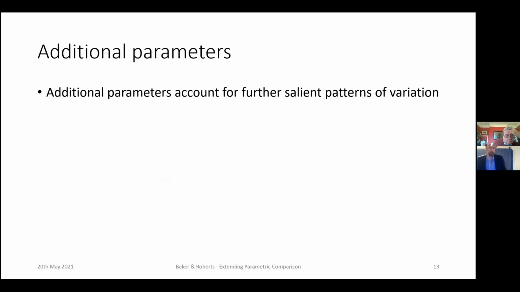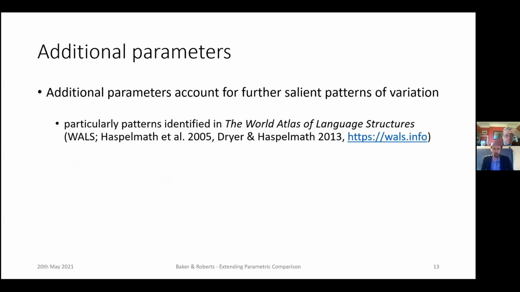We've also added even more parameters to account for further salient patterns of variation in the world's languages that we didn't feel were covered either by our parallels to the nominal set or by the parameter hierarchies previously established, particularly patterns identified in WALS, but also patterns from other sources.